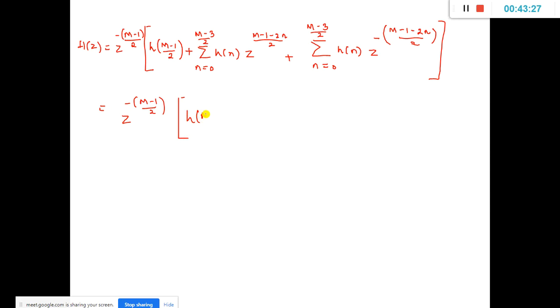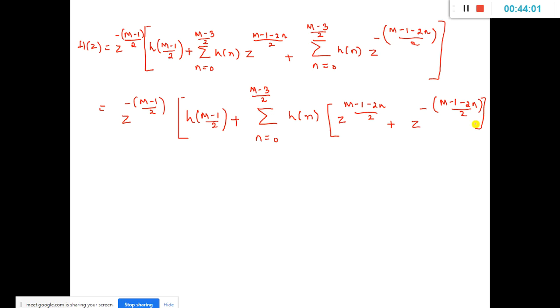This is h of m minus 1 by 2, plus summation n runs from 0 to m minus 3 by 2, h of n, if I take it common, then we are left with z raised to m minus 1 minus 2n by 2 plus z raised to minus of m minus 1 minus 2n divided by 2. So this is how it looks.